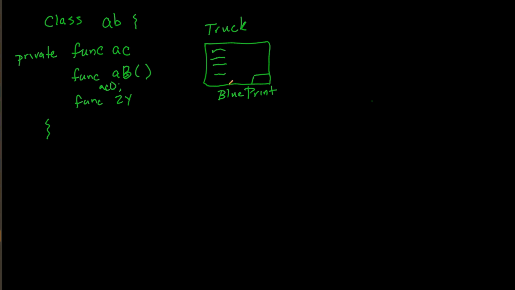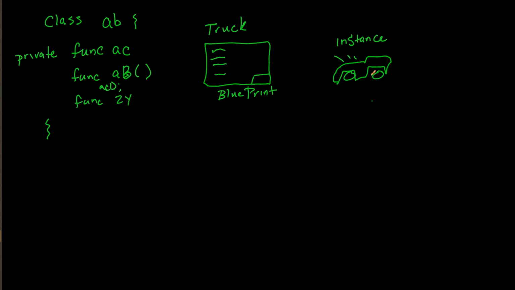So I need to at some point build a truck. When I actually start building my truck, and we want to load gravel and stuff into the back of my truck, I actually now have what is referred to as an instance of that truck.